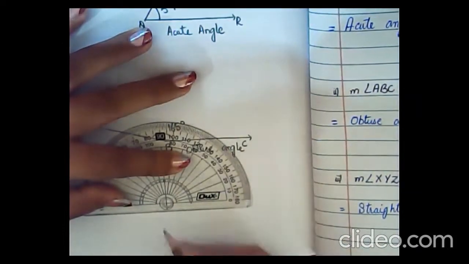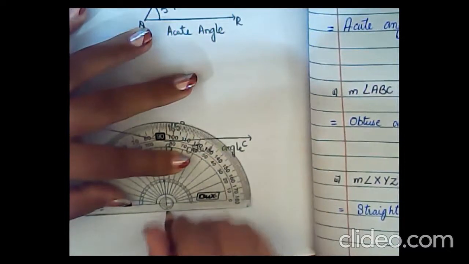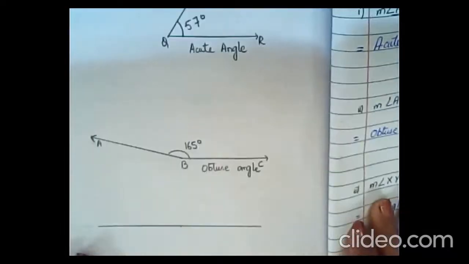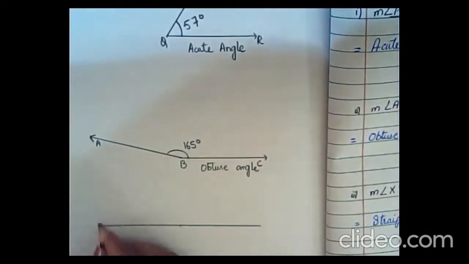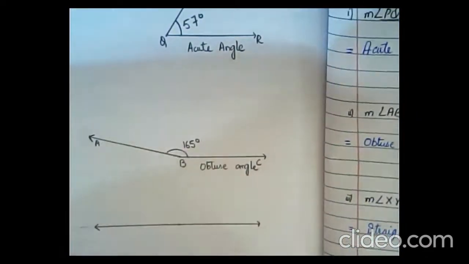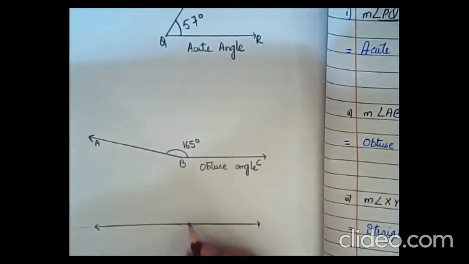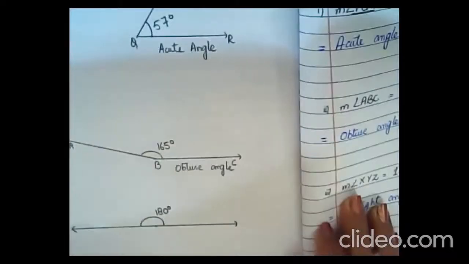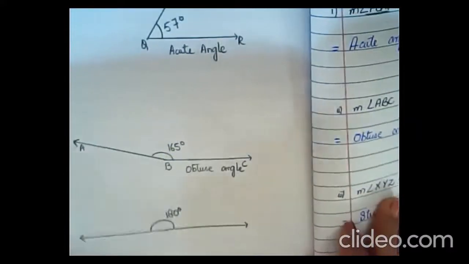Understand? And then take the center point. This is your center point. Now arrows on both sides. This is ray 1, this is ray 2, and this is your point on which the angle is formed. So this angle will be equal to 180 degrees, right? And the name of the angle is XYZ. How will you write it down?